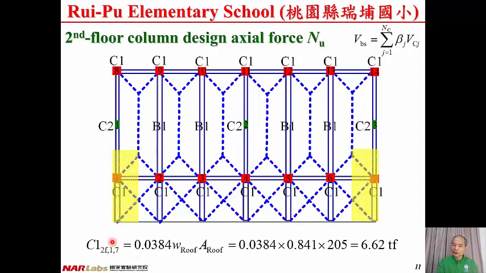Therefore, the design actual load of C1 on the second floor for number 1 and number 7 equal to 0.0384 times small w roof, 0.841, times capital A roof, 205, equal to 6.62 ton-force. Therefore, the actual load of C1 on the second floor for number 1 and number 7 is 6.62 ton-force.